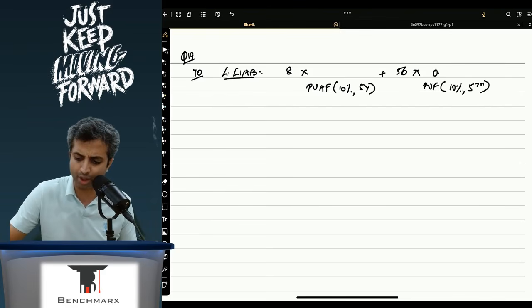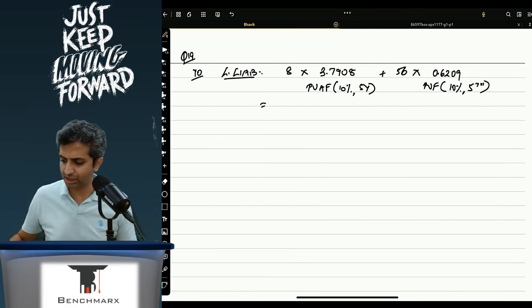Let us say this is 0.6209 if I'm taking 4 decimals, and this is 3.7908 or 07 as a case maybe. So if I do this working, this is 8 lakhs into 3.7908 and 56 lakhs into 0.6209.